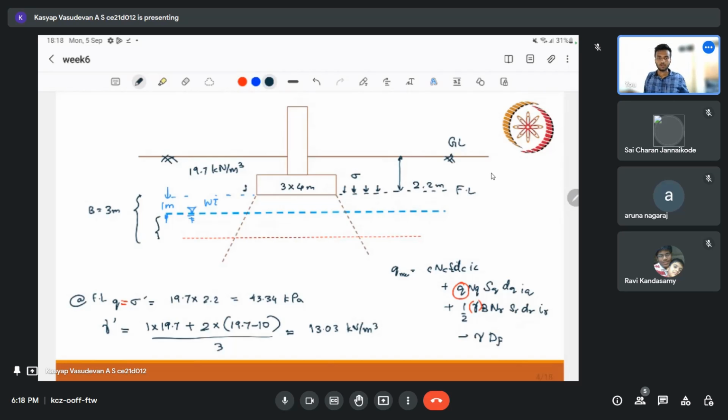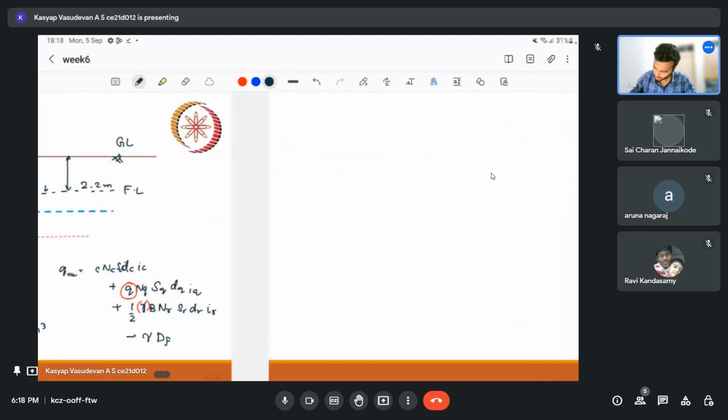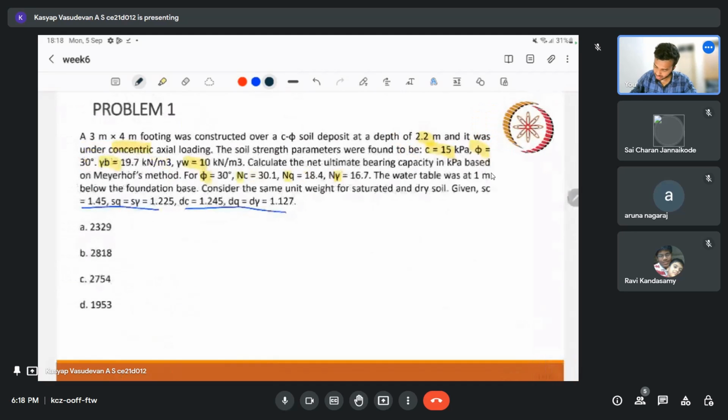Okay, so having said that, let us solve the thing. We have all the shape factors and depth factors. We do not need inclination factors because inclination is not mentioned, so it's axial loading, so inclination factors don't matter, we can take as one.